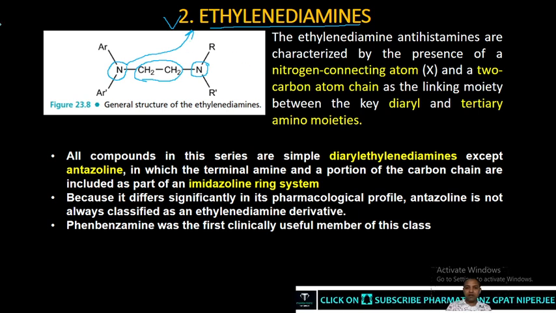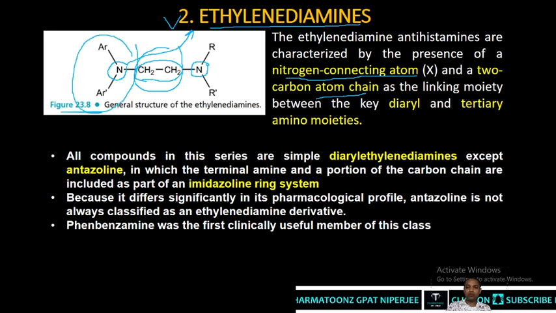This ethylenediamine is characterized by the presence of this nitrogen-containing atom and a two carbon atom chain, which is considered as a linking moiety between the diaryl group and the tertiary amino moiety.